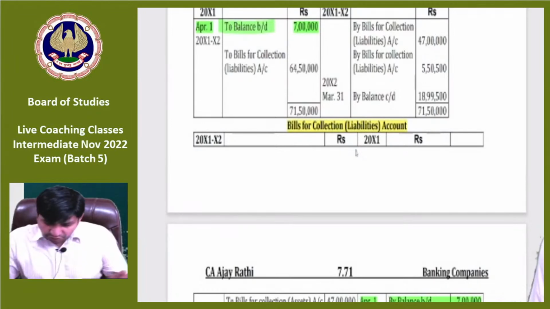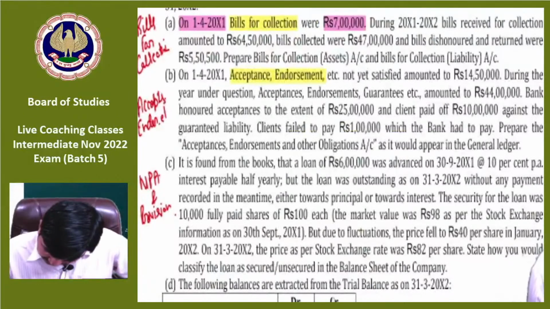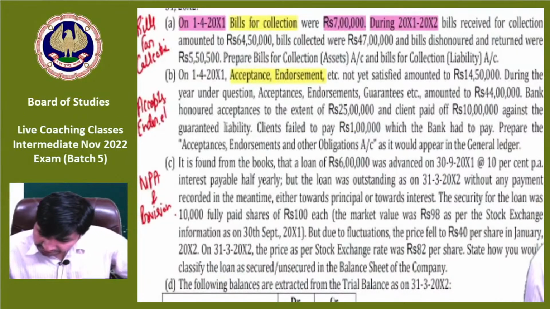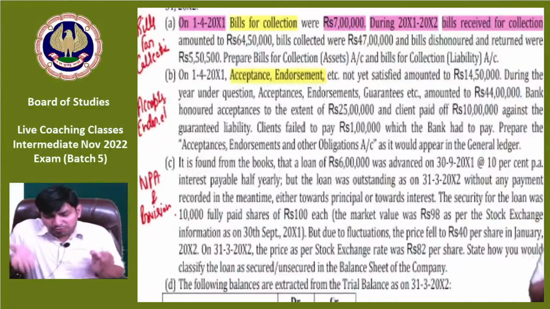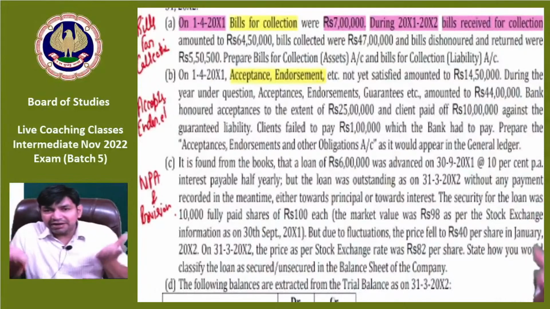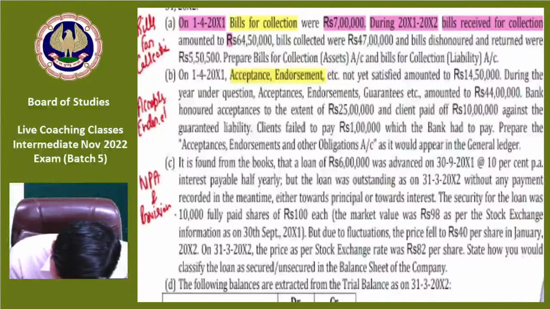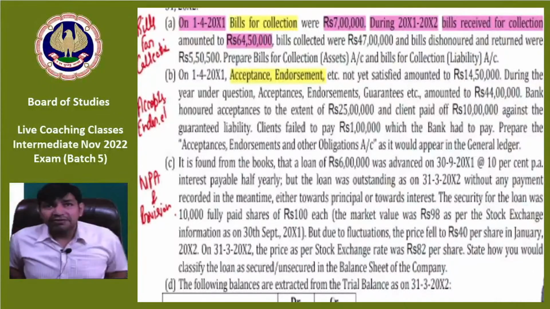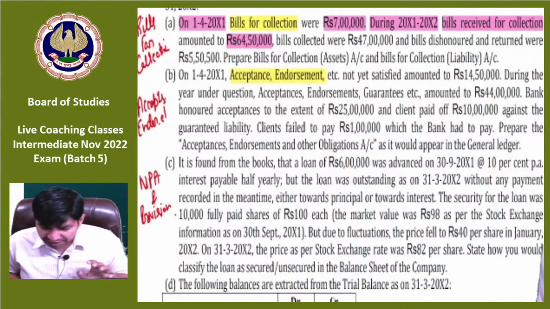Okay. Now, the second line of the question is: during the year, bills received for collection. Okay, another bills are coming, and I have to maintain record on both the sides, left and right. How much amount is there? 64 lakh 50,000. I will record on both the sides.